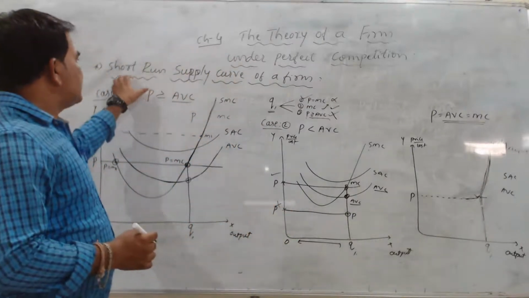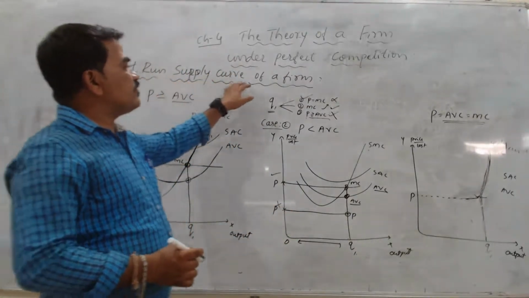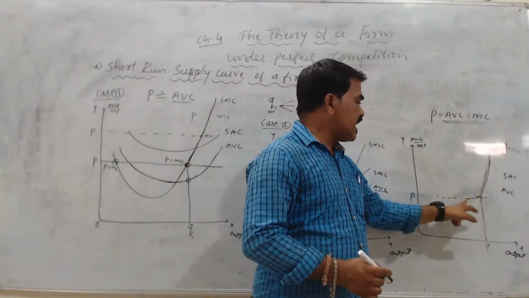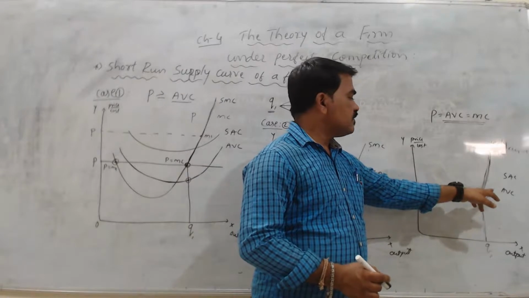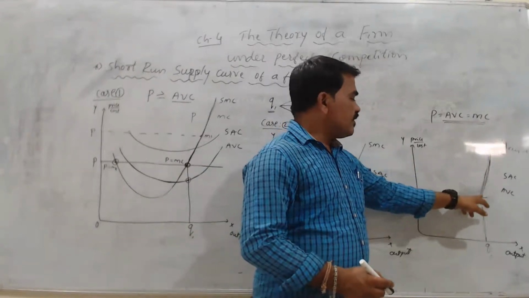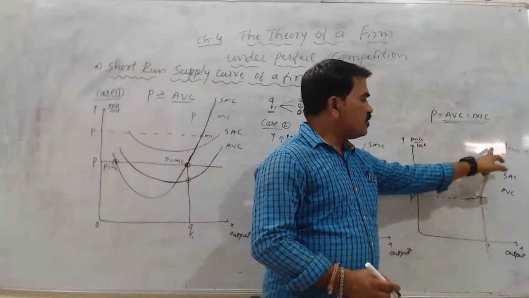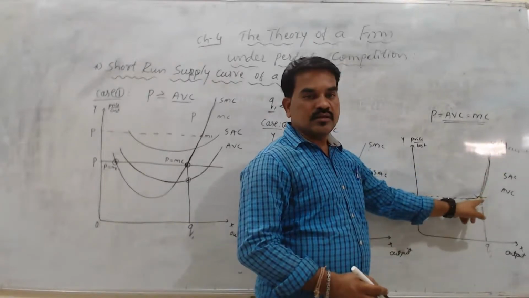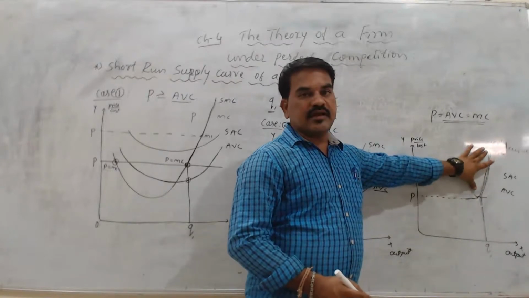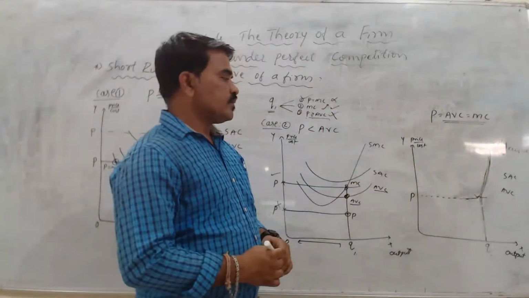So we can say in the short run, the supply curve of a firm starts at the point where the average variable cost and marginal cost become equal. From that point and above, the part of the marginal cost curve will become his supply curve in the short run.